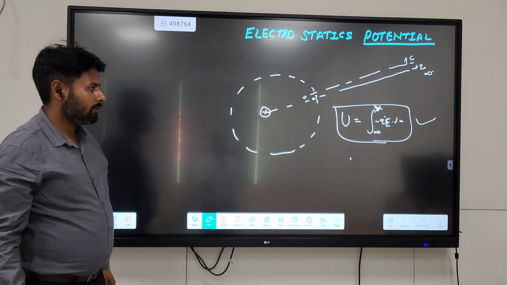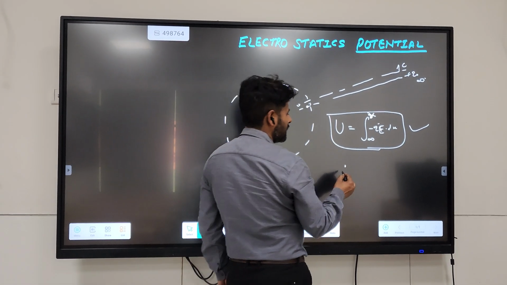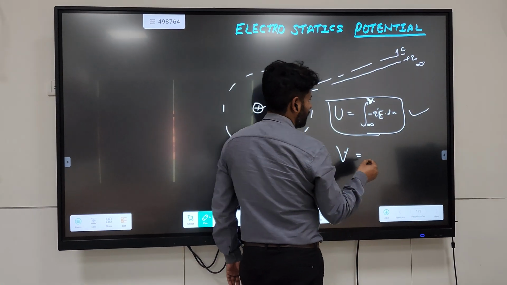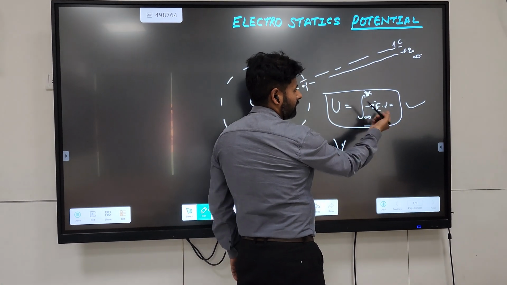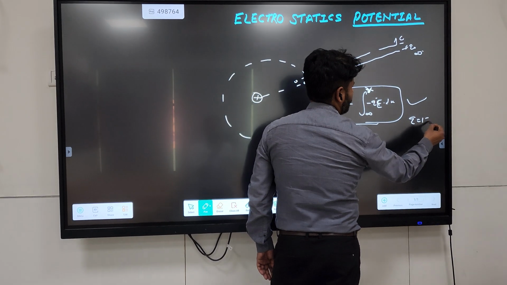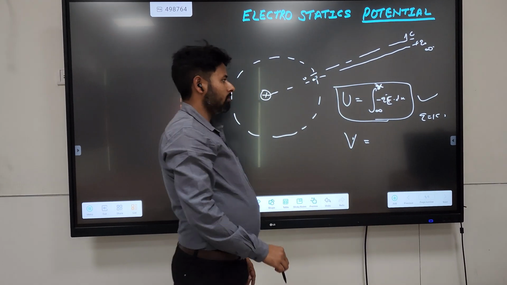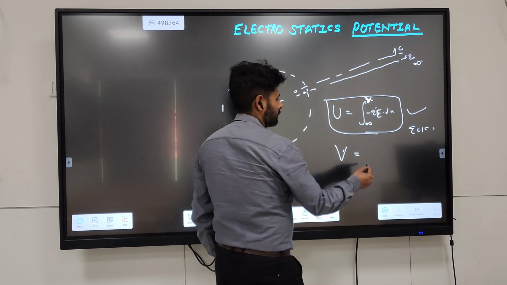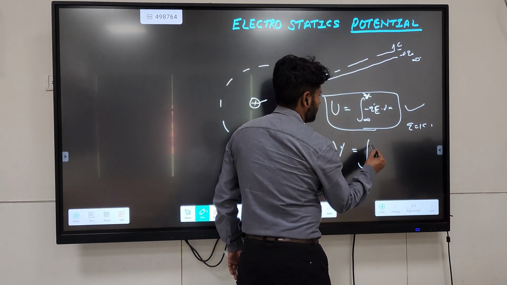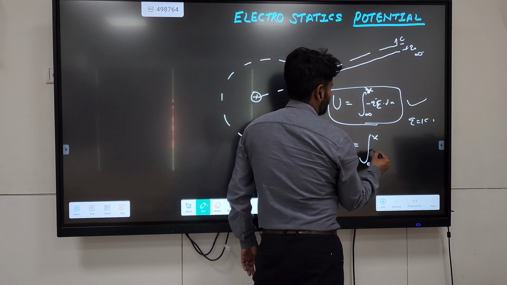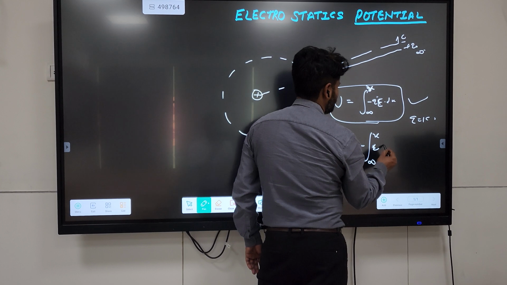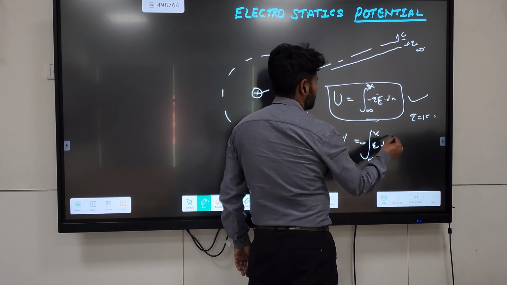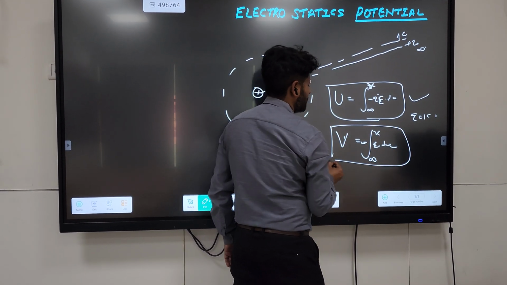The expression for the electric potential is V, where you put Q equal to 1 coulomb, so the expression becomes V equal to the integral from infinity to x of minus E into dx. This is the electric potential only.